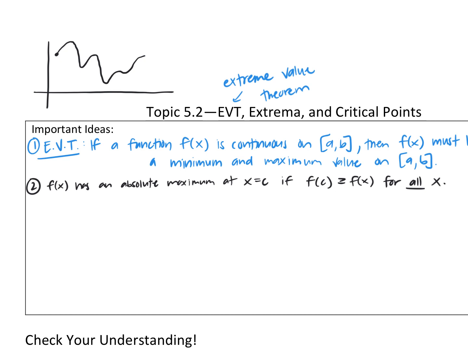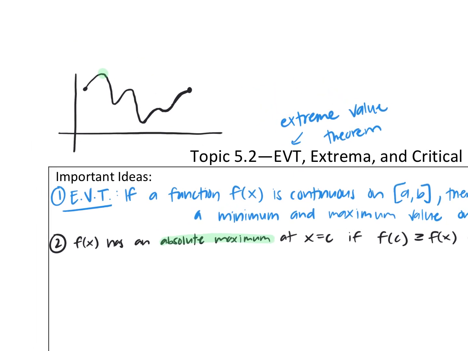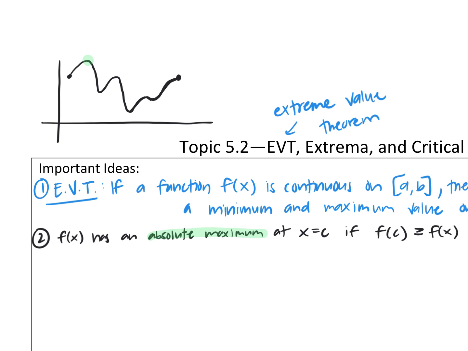So our absolute maximum on this graph that I just randomly drew would be at this top point right there. Can you see that? Maybe I'll choose an actual color green. That point.